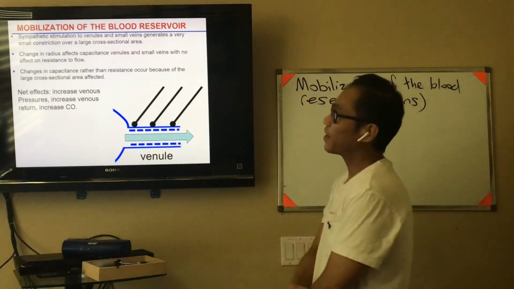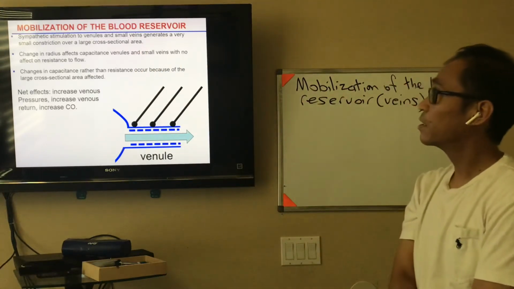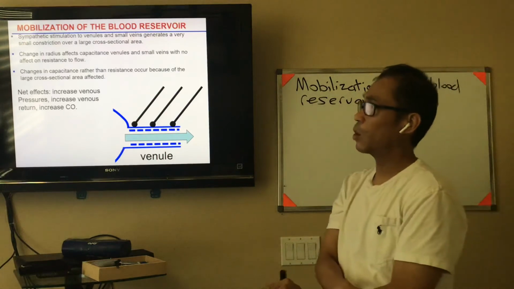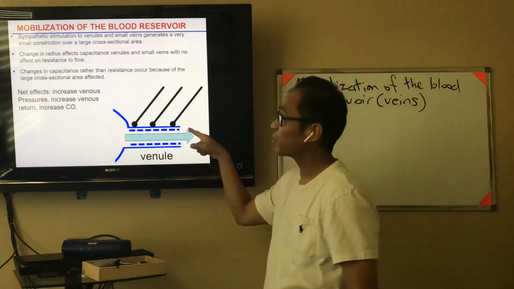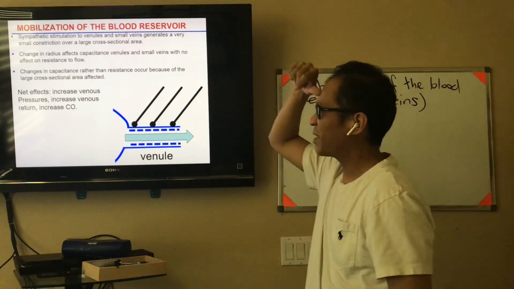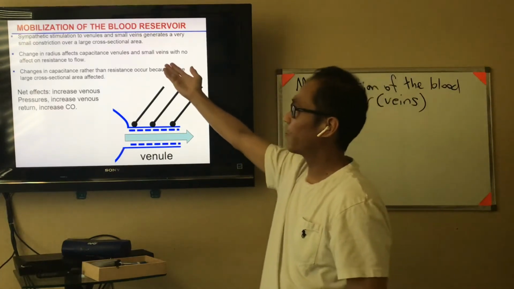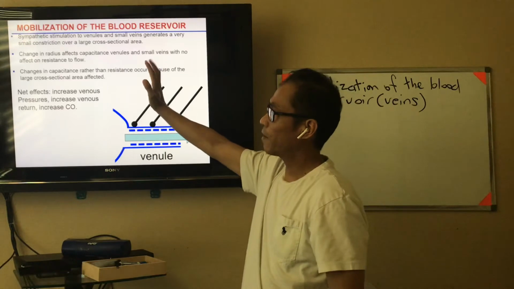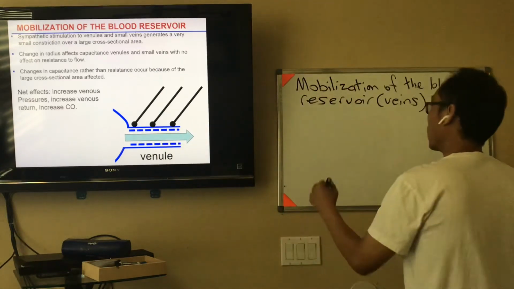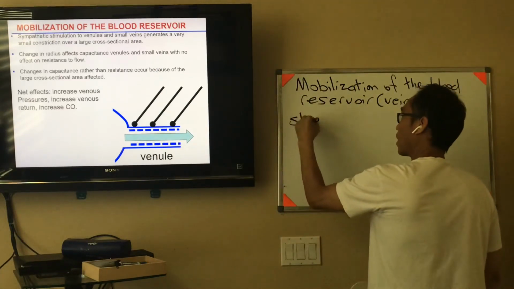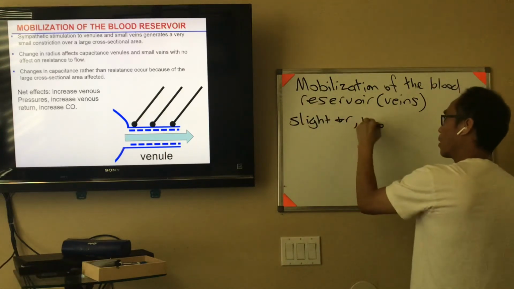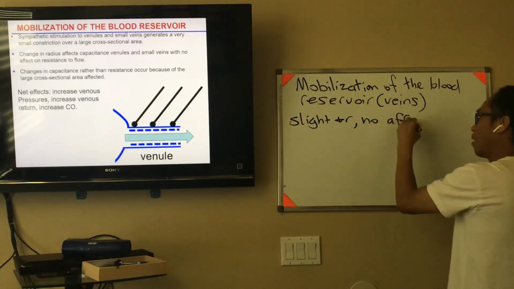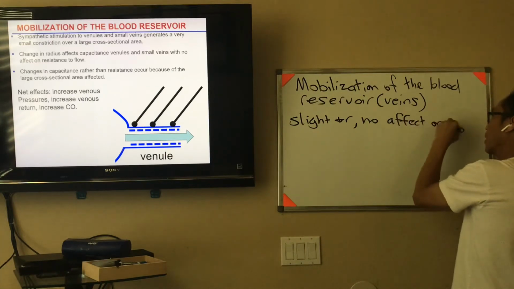Sympathetic stimulation to venules and small veins generates a small constriction over a large cross-sectional area. Okay? This picture here. The change in radius affects the capacitance of venules and small veins with no effect on resistance to blood flow. So a slight decrease in little r, no effect on big R, really.